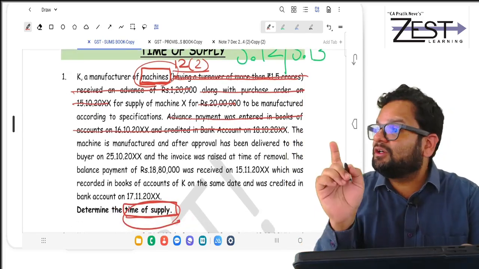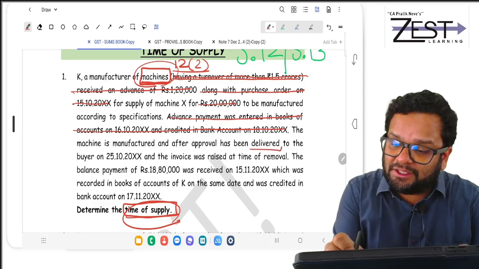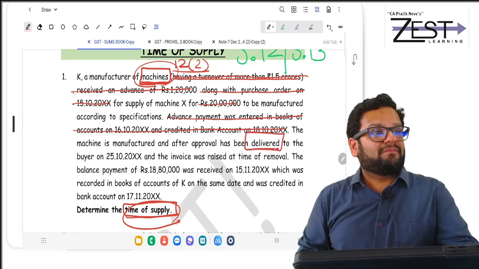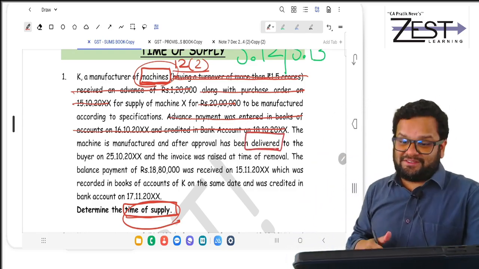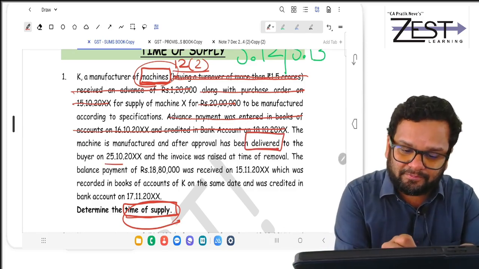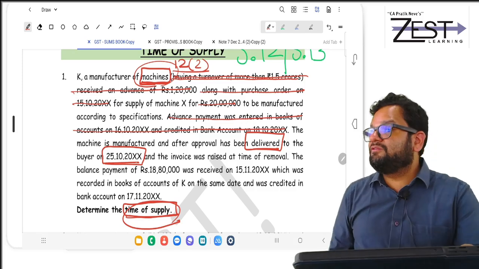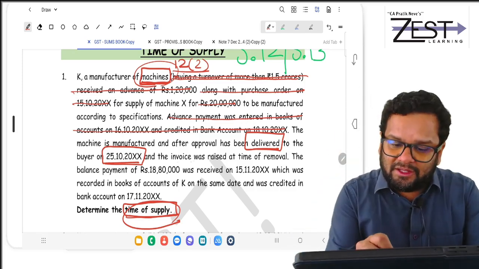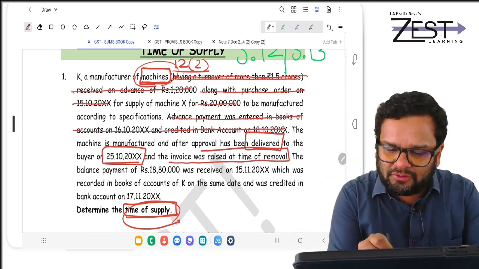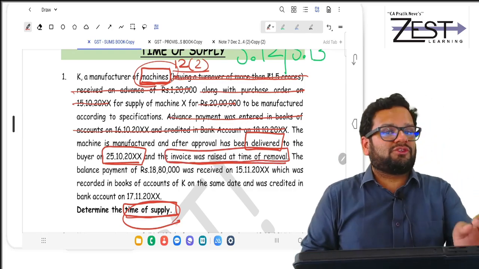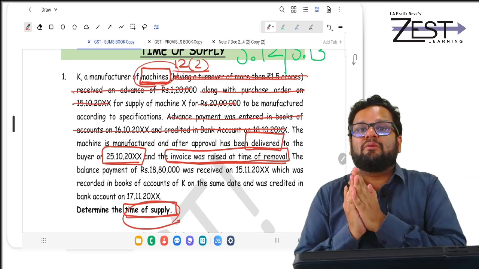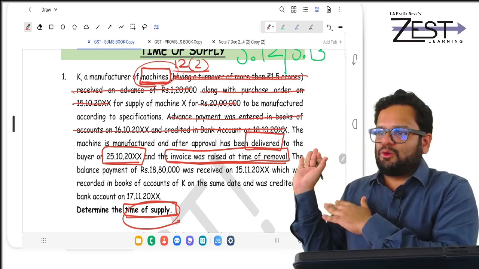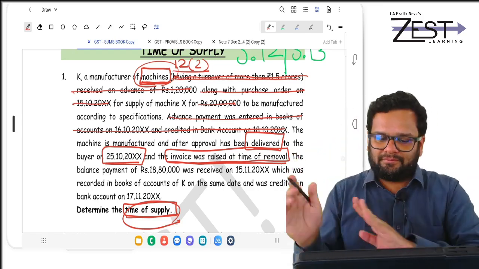Machine is manufactured and after approval has been delivered. Very important, because this matters when it is delivered, 25th October. An invoice was raised at the time of removal. Congratulations, you have got the time of supply. Time of supply is 25th of October.